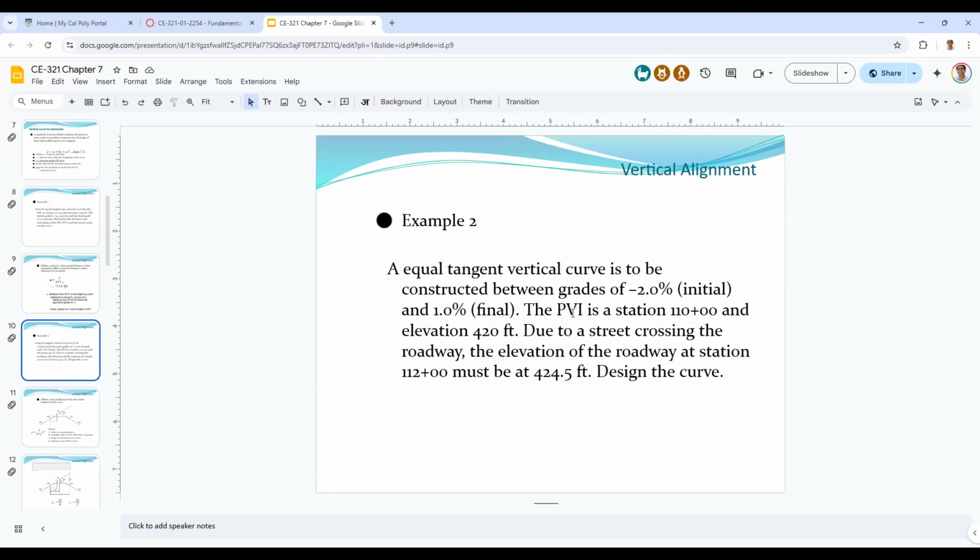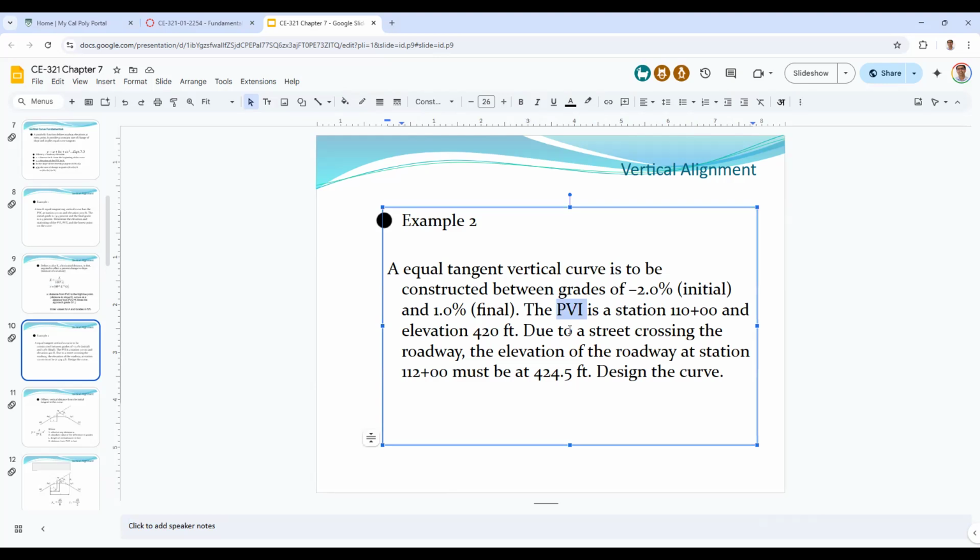The point that's given to you is PVI. Due to a street crossing the roadway, the elevation of the roadway at station 112 must be 424.5. Whatever you do, the elevation has to be 424.5 at 112 plus 00.